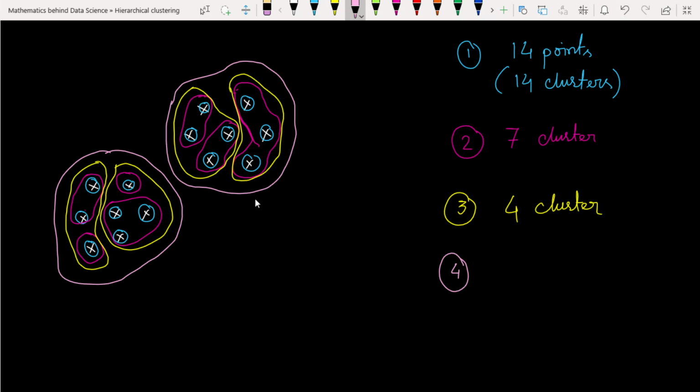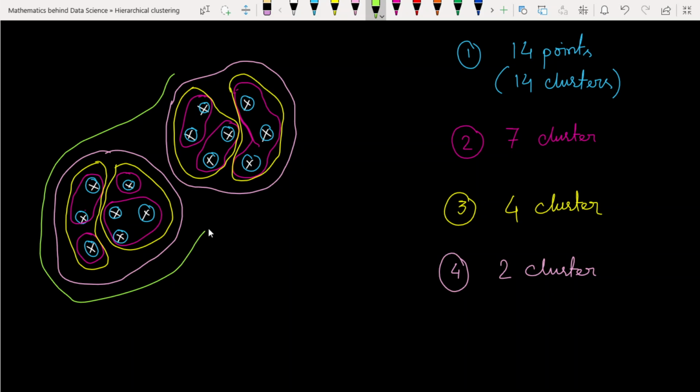Okay, now in the fourth step we got two clusters. Now at the end we treat these things as a single cluster. In the fifth step we got one cluster.